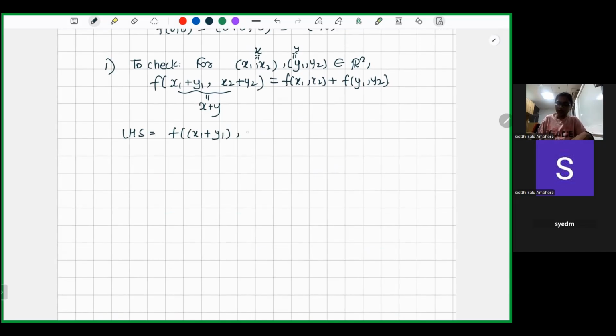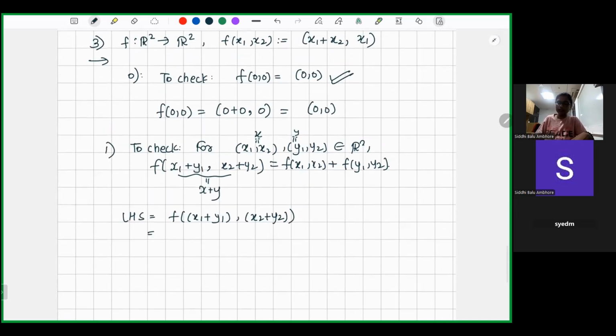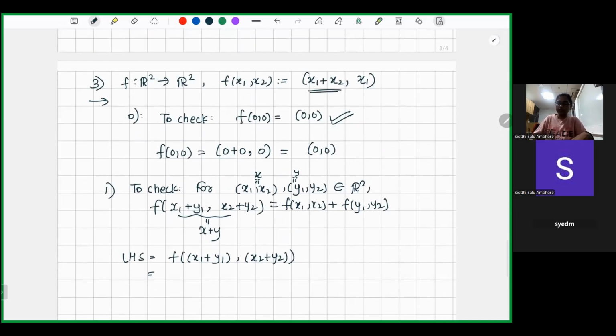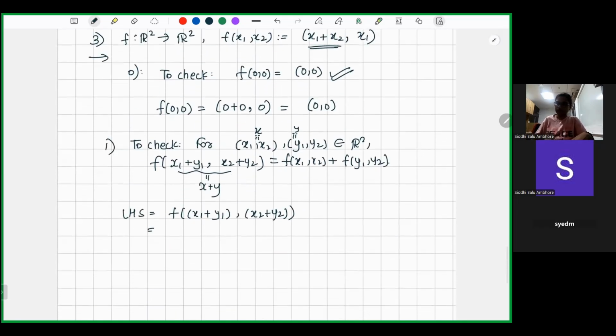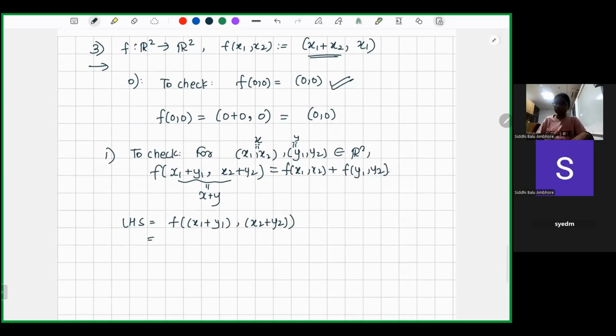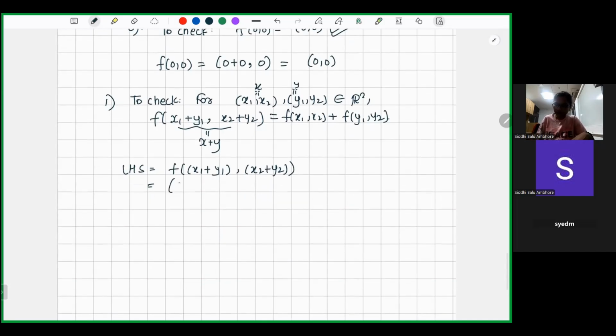comma x2 plus y2. So as per the definition, it is the addition of the first and second coordinates, and then the second coordinate is the first one. So it is x1 plus y1 plus x2 plus y2 comma x1 plus y1.